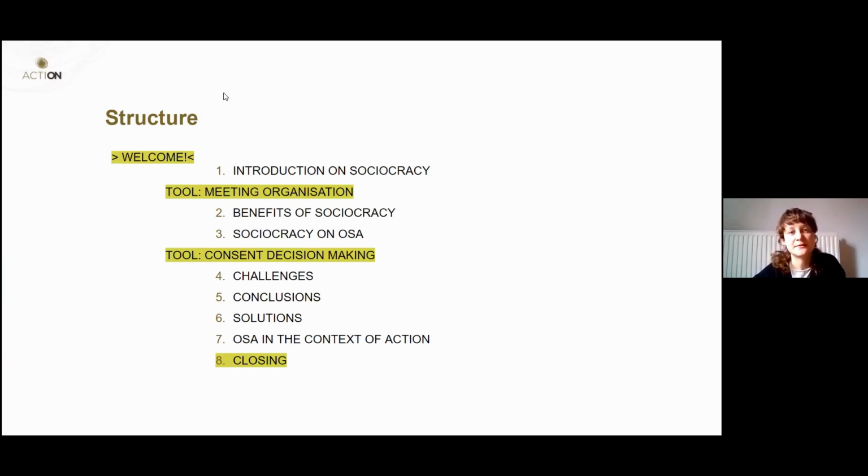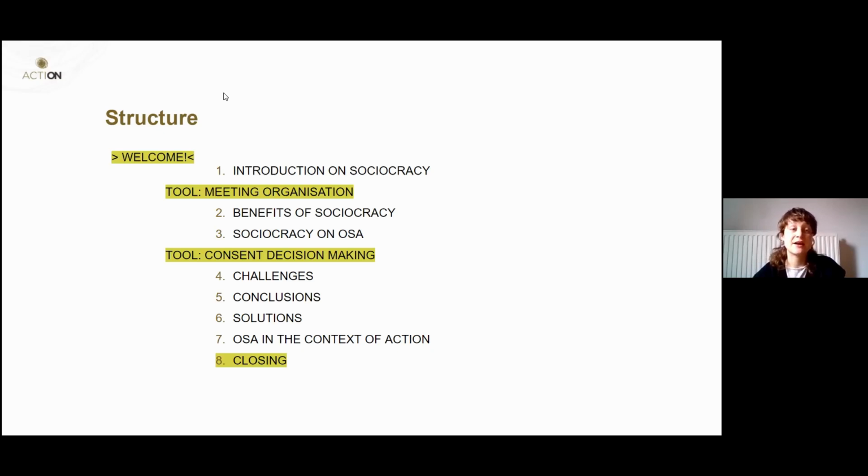Then we will have a quick brainstorm breakout session, followed by an introduction into one of the tools that Sociocracy offers. And afterwards, we will speak about the benefits of some tools of Sociocracy, and about how Open Soil Atlas itself implemented Sociocracy. I will then teach you another practical tool, and we want to experiment a bit with Sociocracy.